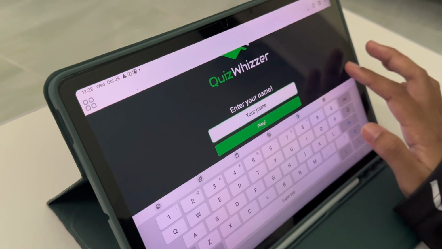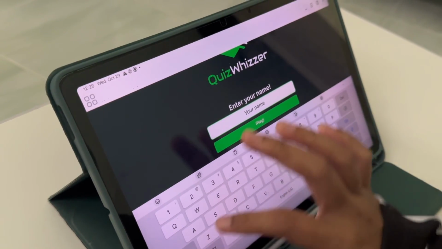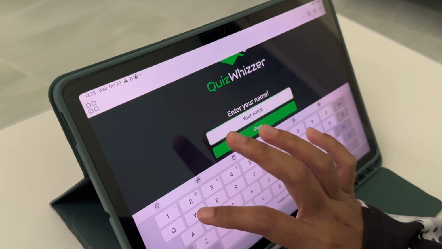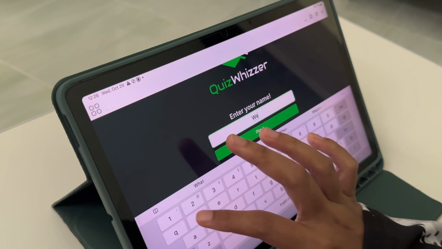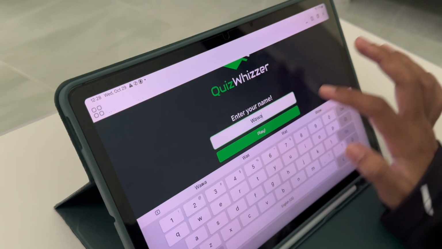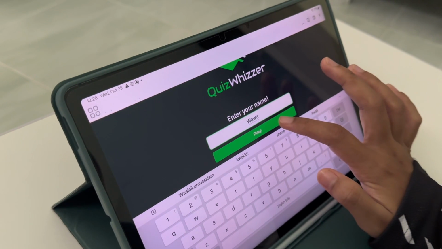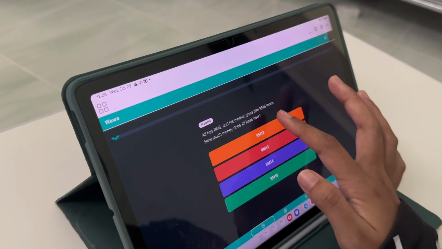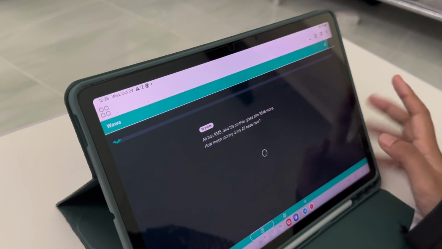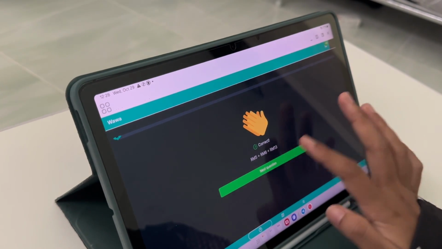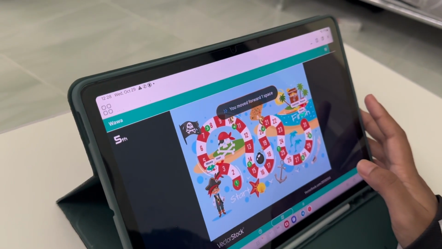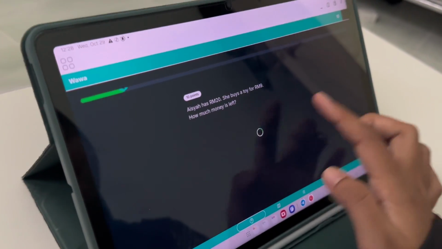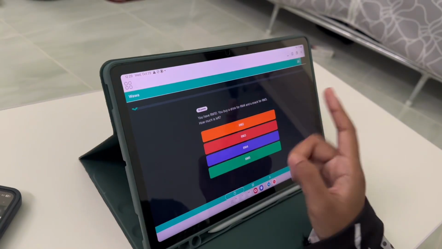Okay, so first, pupils have to play Quiz Wizard as a warm-up before starting the main lesson. They enter their names on the screen and wait for the quiz to begin. Each question tests their knowledge about money, for example addition, subtraction, multiplication, and division, with amounts below 80 ringgit Malaysia. When the question appears, pupils must choose the correct answer.